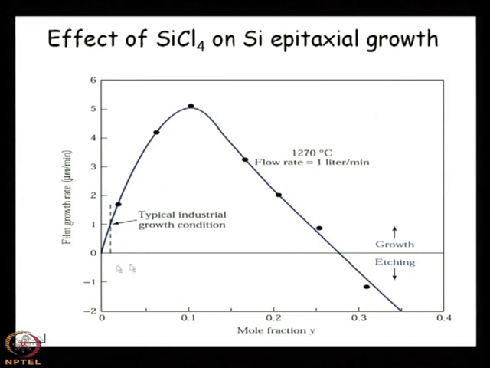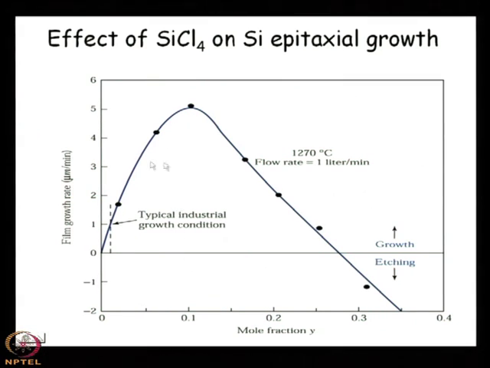In this region the growth rate is not as high as in this portion, but you need not worry about the etching of your material, and also it is linear. So, you can quantify the growth rate from the quantity of SiCl4. Okay. Very small amount of SiCl4 you have to take.